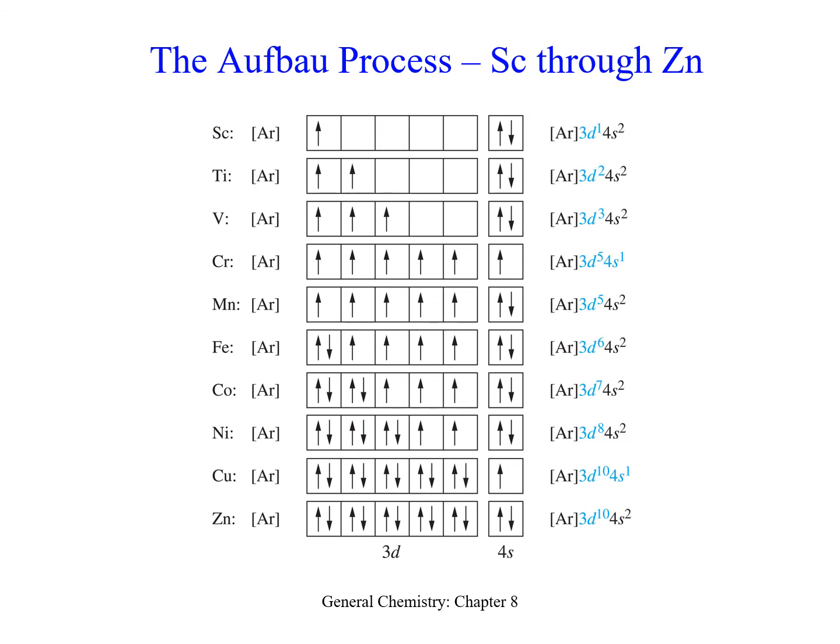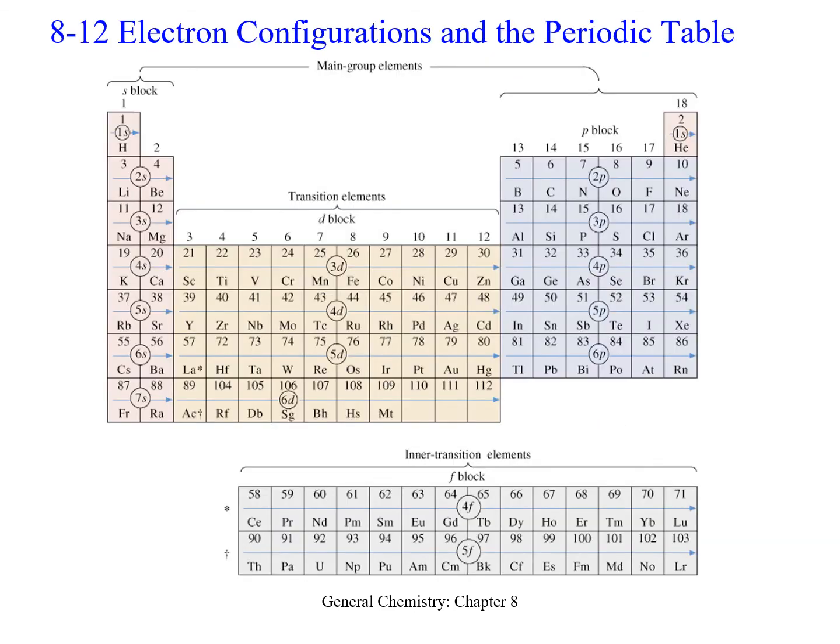Okay, so let's use the Aufbau process looking at the transition metals. Looking at the first transition metal. Okay, so we'll look at electron configurations in the periodic table according to blocks.